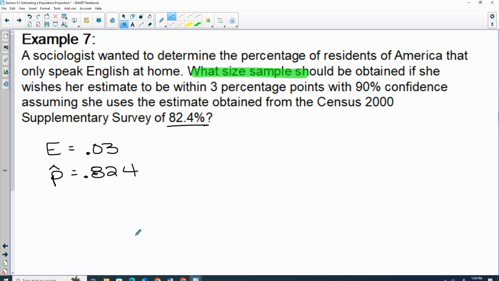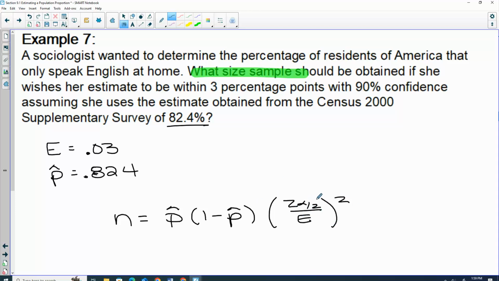Because I have a p hat, I need to use the first formula. That formula says p hat times 1 minus p hat times z alpha over 2 divided by the error squared. The only thing I don't have is z alpha over 2. But we can figure that out.